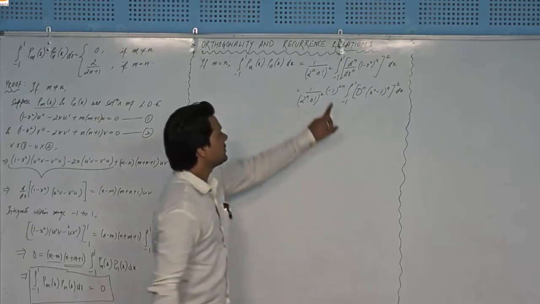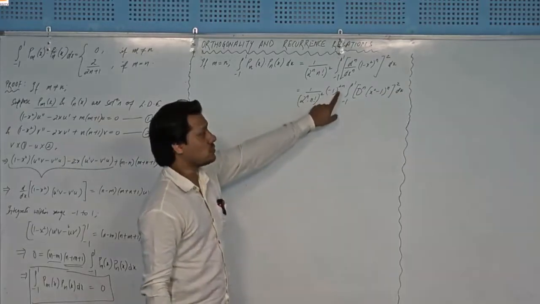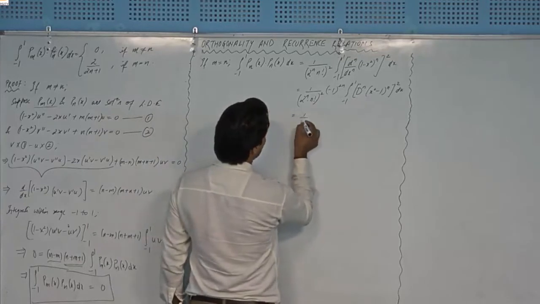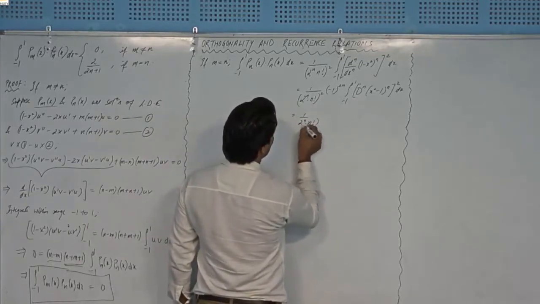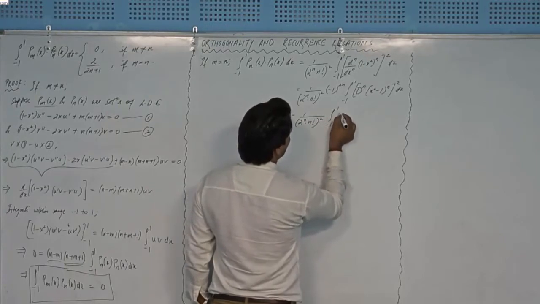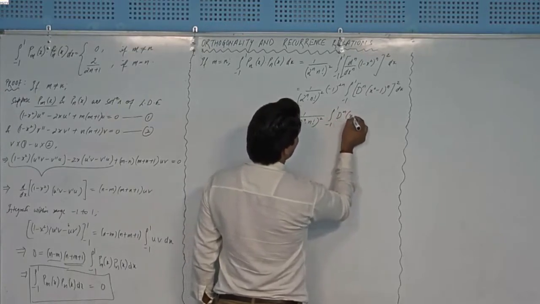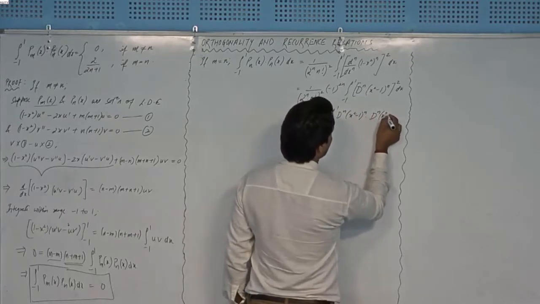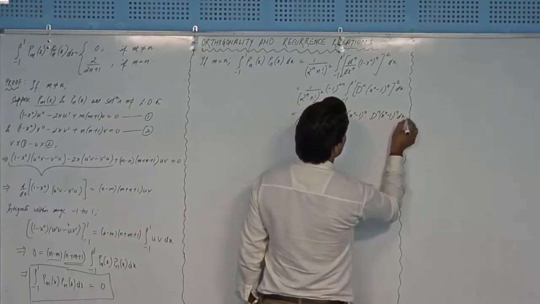And since it is an even power, minus 1 to the power even power will be plus 1 ultimately, so I will replace it by plus 1 upon (2^n n factorial) whole square, and this will become integral of minus 1 to the power n, d^n (x square minus 1) to the power n dot d^n (x square minus 1) to the power n dx, right.